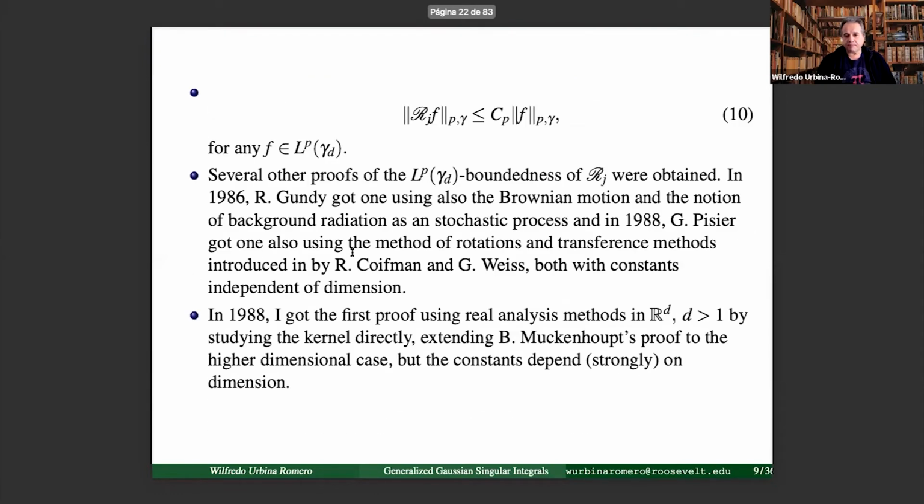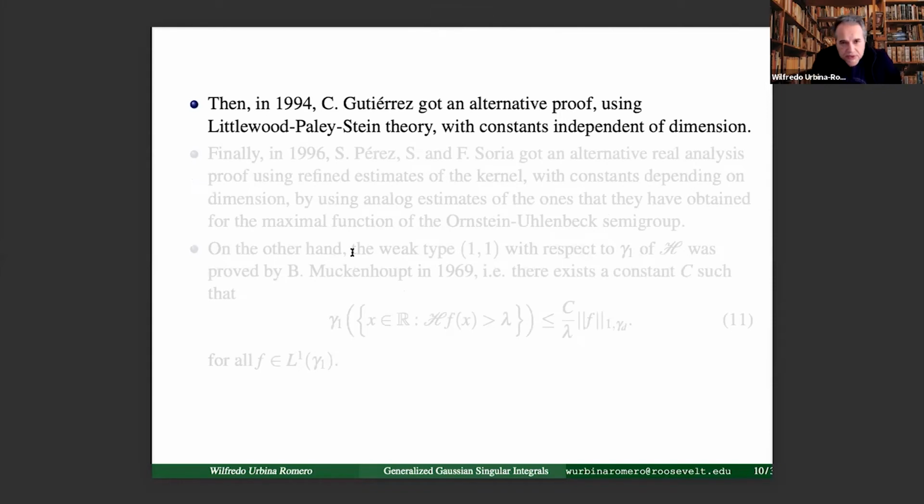And so I proved that, extending the Markov proof to higher dimension, but the constant, unfortunately, depends strongly on dimension. And then Christian Gutierrez got an alternative proof using the Littlewood-Paley-Stein theory with constant independent of dimension.